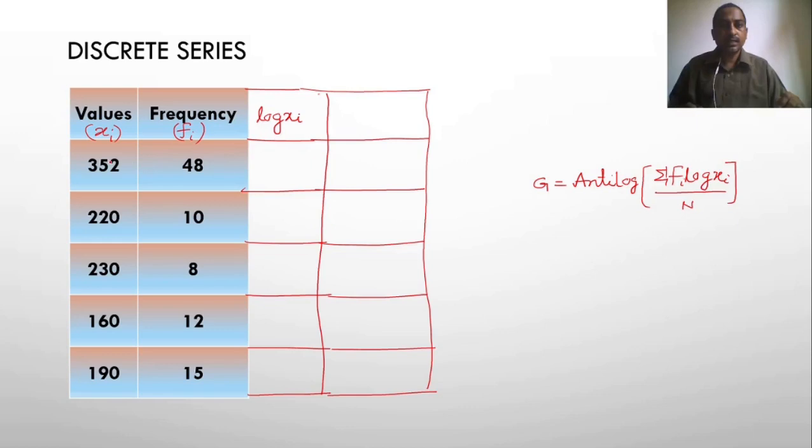Log xi: this is 3 digits, that's why 2.35 under 2 is 5465.